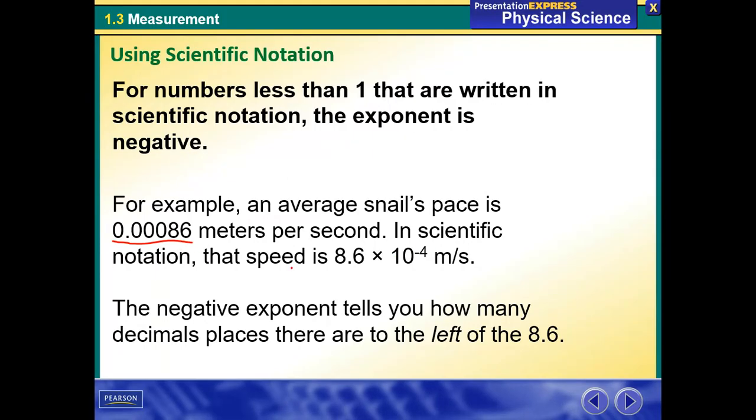The decimal moved 1, 2, 3, 4 times to the right. In order to undo it, what 10 to the negative 4th means is that originally that decimal was 4 places to the left. And if we move this decimal 4 places to the left, it gets us back to the number that we have here.